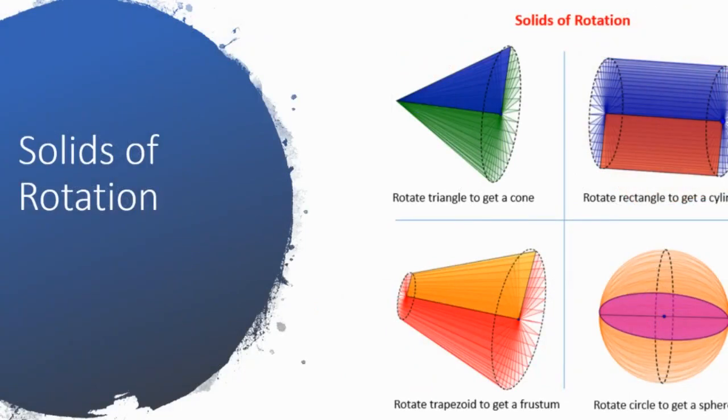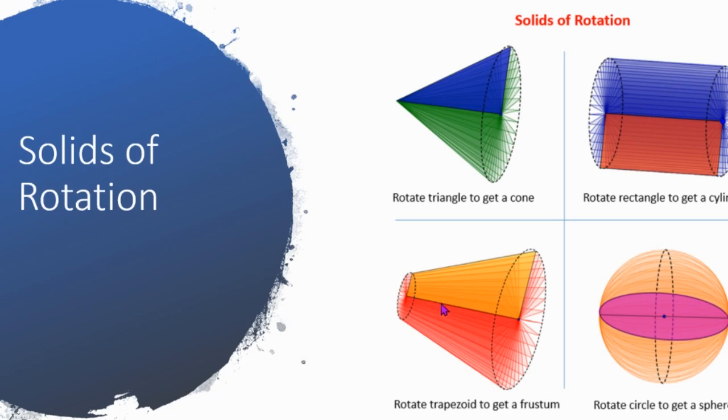Okay, solids of rotation. So if I take this triangle and I spin it, think of it being a flag on a pole, and this is the pole right here. If I spin it on that pole, it's going to make a cone, right? If you spin it really, really fast, actually, it would even look like it was a solid cone. If my pole on this rectangle is right here and I spin it on this pole, it's going to make a cylinder.